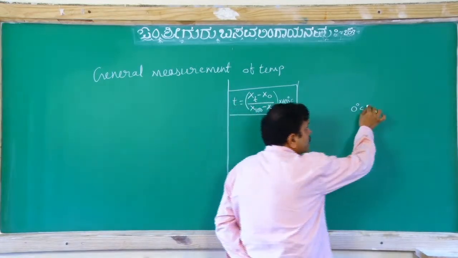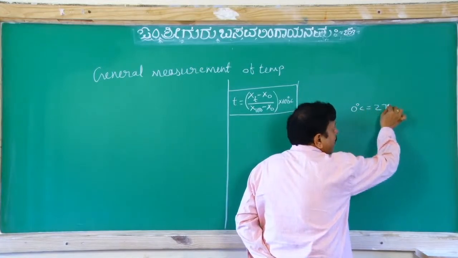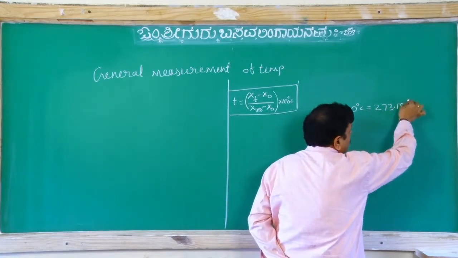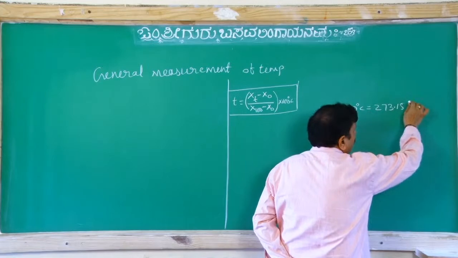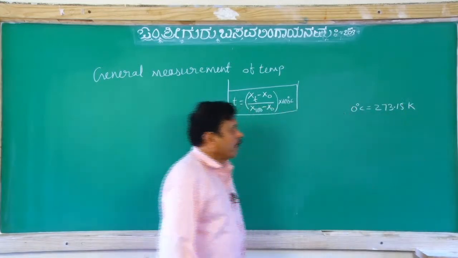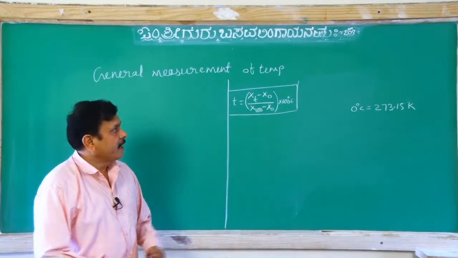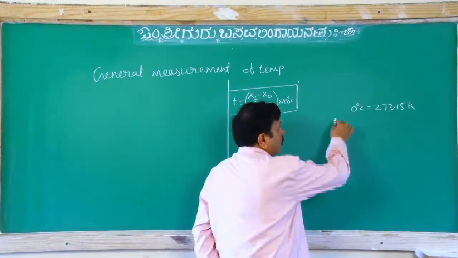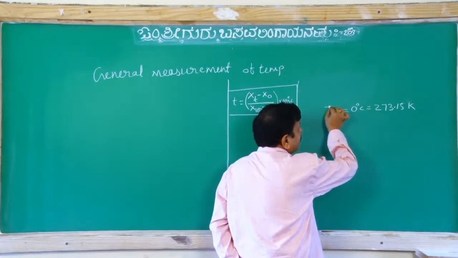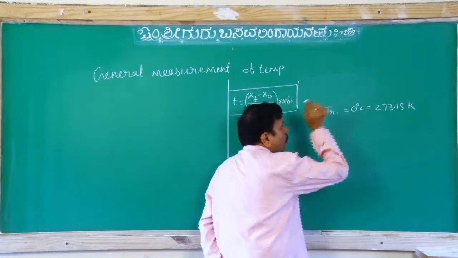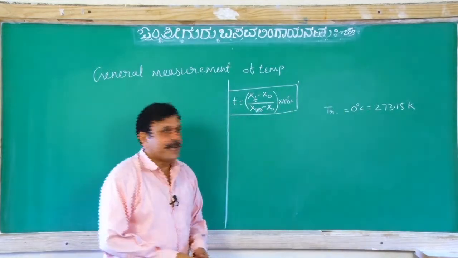And in terms of Kelvin, we know that it can be written as 273.15 Kelvin. This temperature we can write as the triple point temperature of water, that is TR.